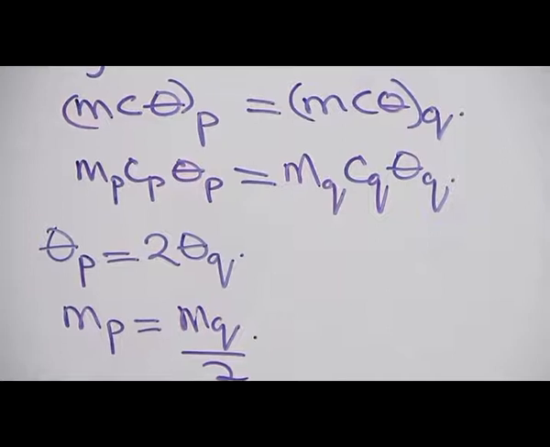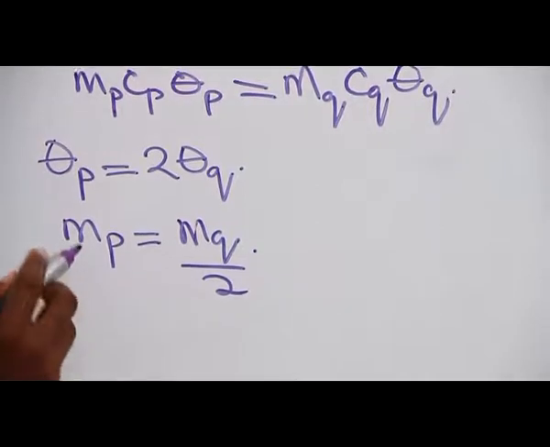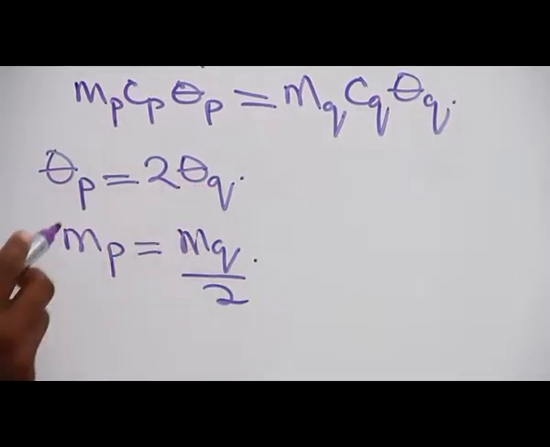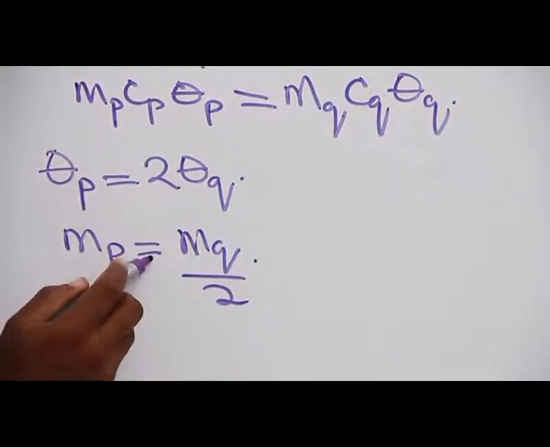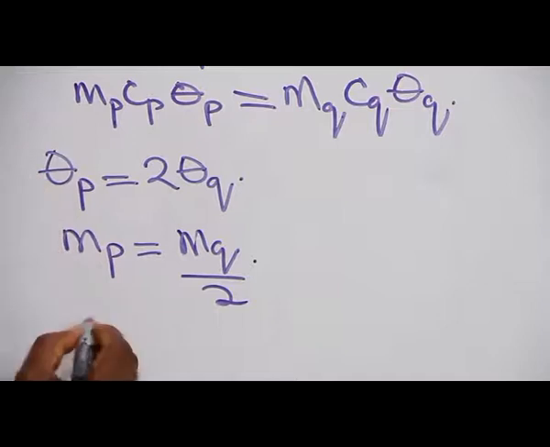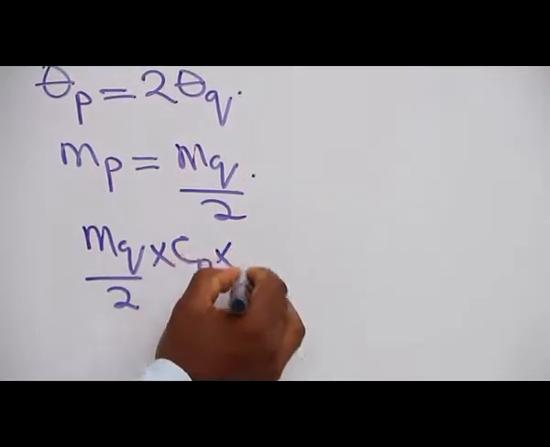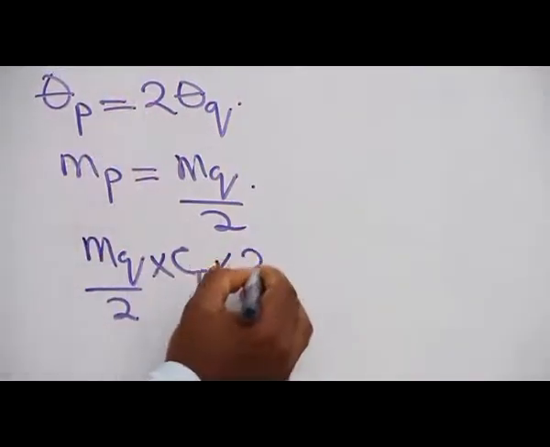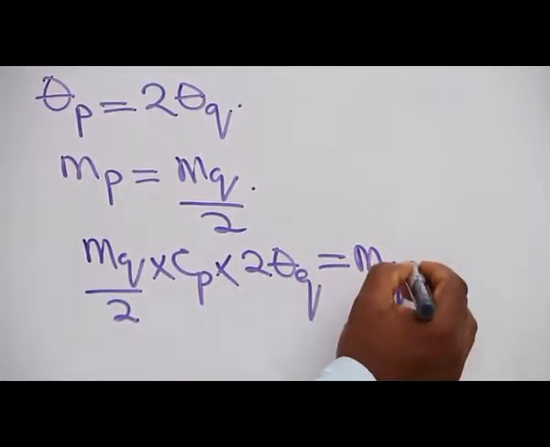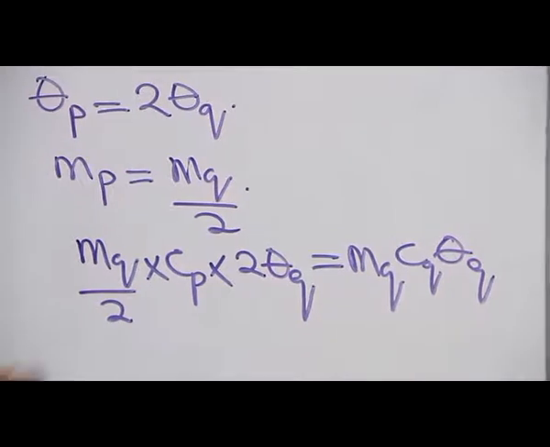If we fix these into the equation, any place we see theta P, we put 2 times theta Q. Any place we see MP, we can put MQ divided by 2. So I replace this with MQ over 2 times CP times 2 theta Q, and leave this side as it is, MQ times CQ times theta Q. See what we get.